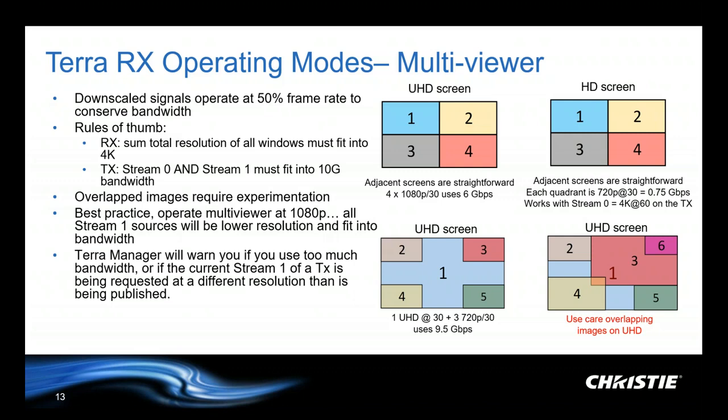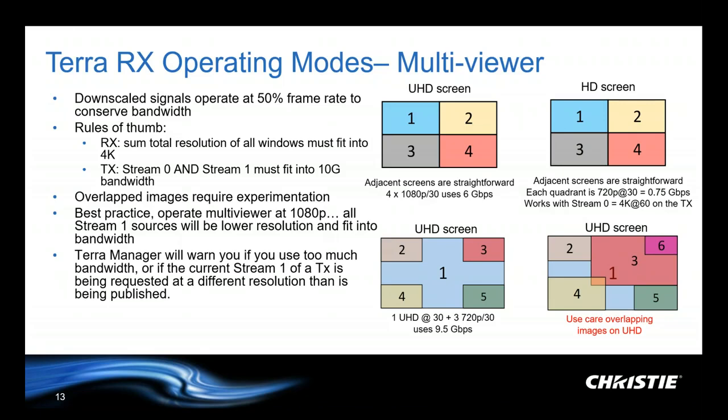Okay, so there are some instances where you might be oversubscribing the RX, where you're trying to get the RX to subscribe to more than it can chew, more than it can actually import over the 10 gigabyte bandwidth.